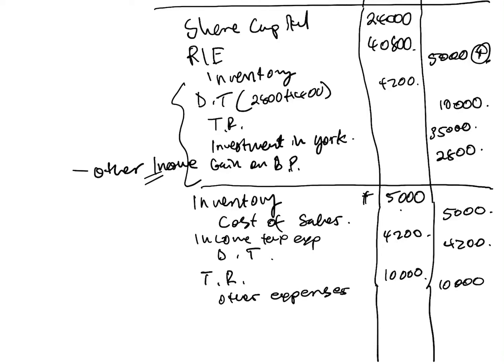The tax effect: we are going to debit our income tax. Remember, if you reduce an expense, you have increased the profit. So I'm going to debit my income tax expense. We have done that one already.